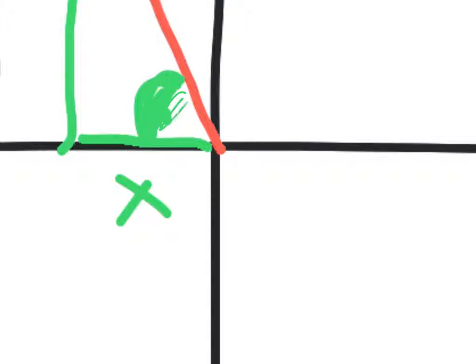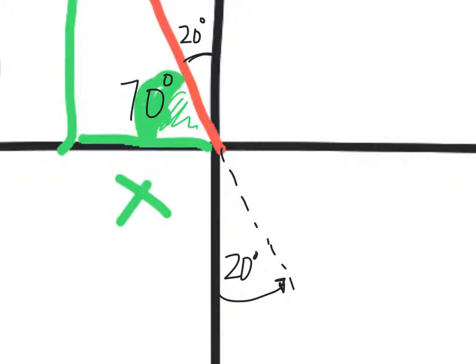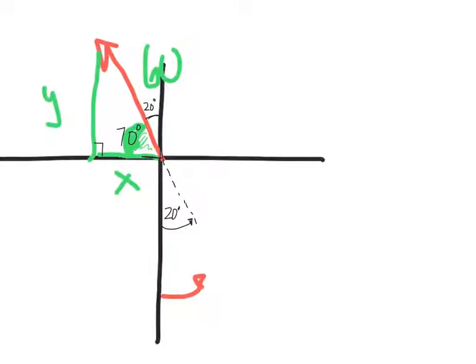Okay, so let's zoom in here. This was a 20-degree angle here, because remember they said it was 20 degrees east of south. So that one comes over here as a vertical angle, which means this angle has to be 70 degrees to make our right angle here. Okay, so I'm going to use 70 degrees when I do my wind vector.